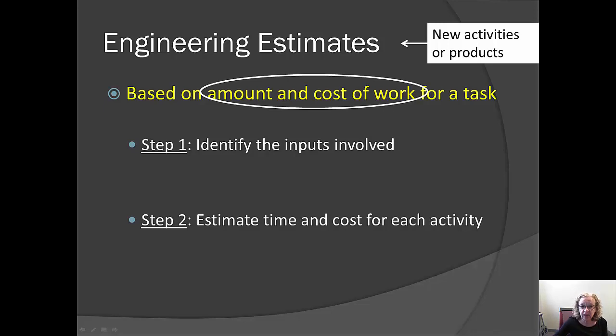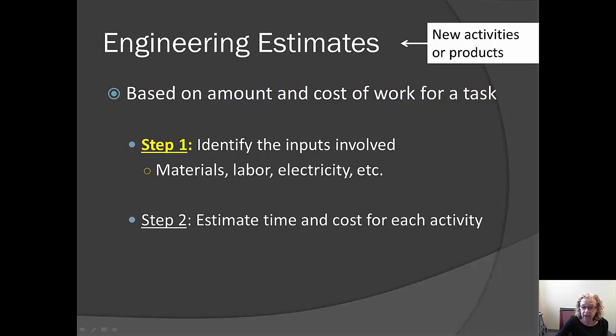So, how are we going to estimate costs? We're going to take a look at how much work is involved in a task. So step one is going to be to look at what goes into our products. Usually that's materials, labor, electricity, etc. Then we're going to try to estimate the cost for each activity that's involved in producing this item.